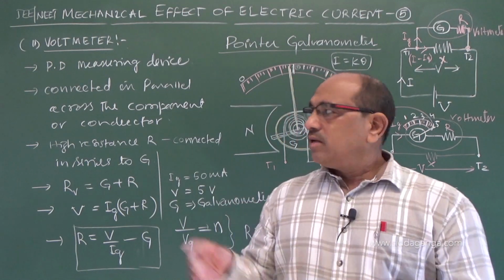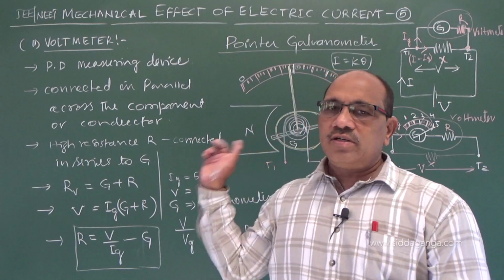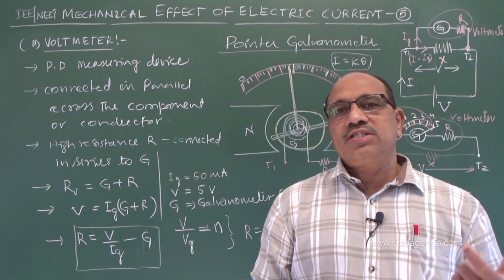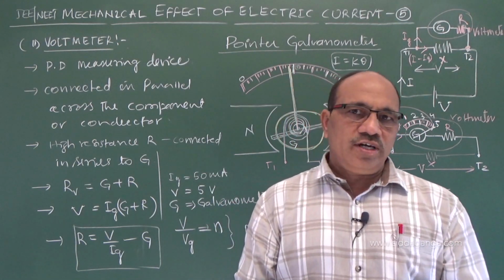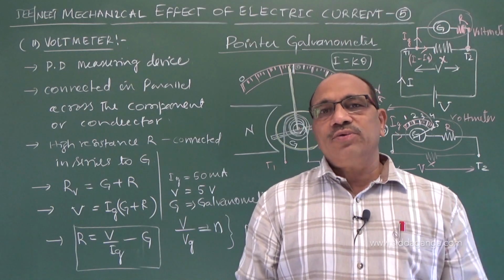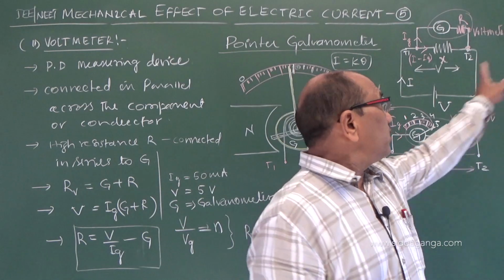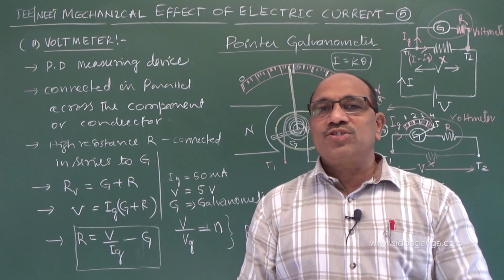High resistance is connected in series to the galvanometer to convert it into a voltmeter. But a small resistance called a shunt is connected in parallel to the galvanometer coil, and the effective resistance of the ammeter decreases. Here the effective resistance increases. Ideal ammeter resistance is 0.